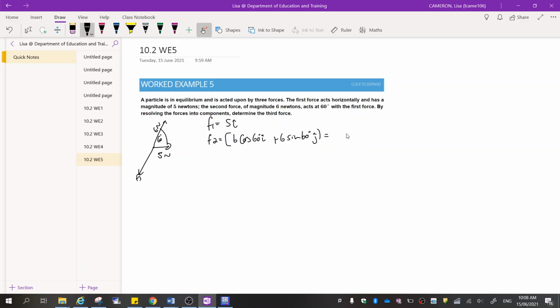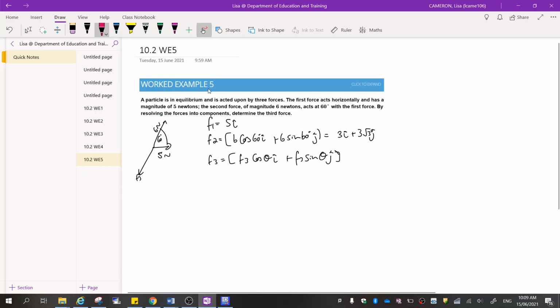Now that can be further broken down into 3i plus 3 root 3 j. Now, F3 is going to be our third force that we're not sure about, which is going to give us F3 cos of an angle i plus F3 sine of an angle j.